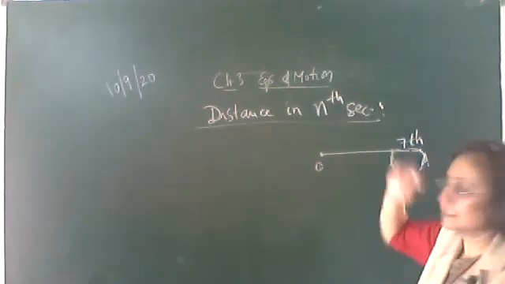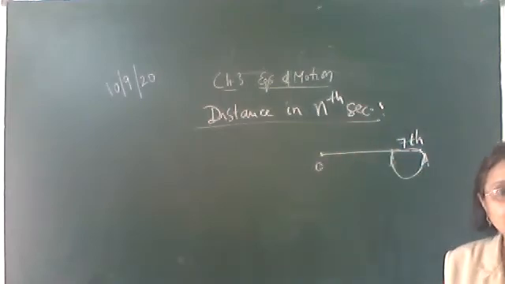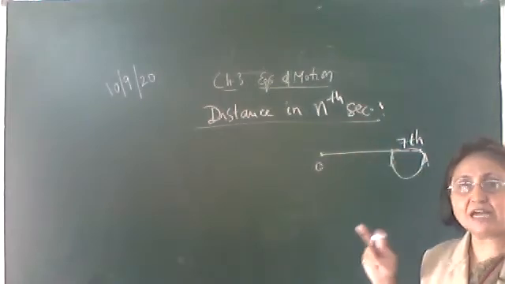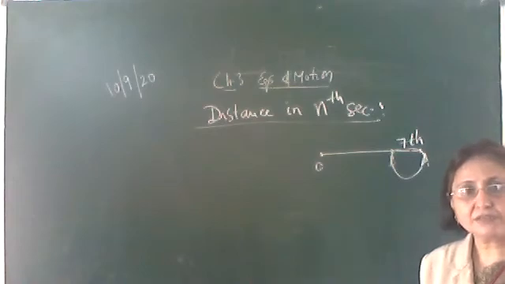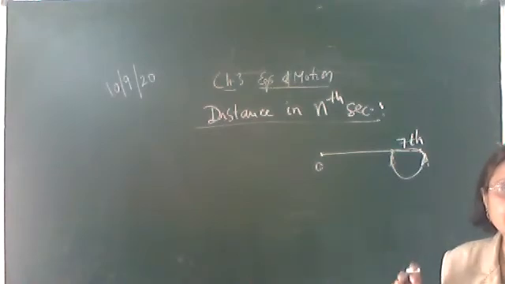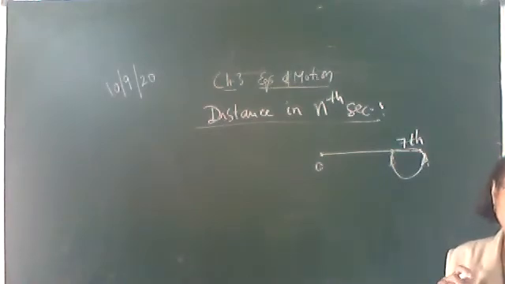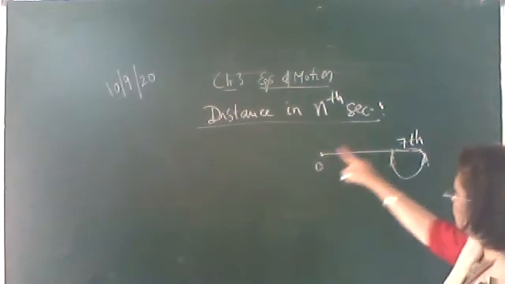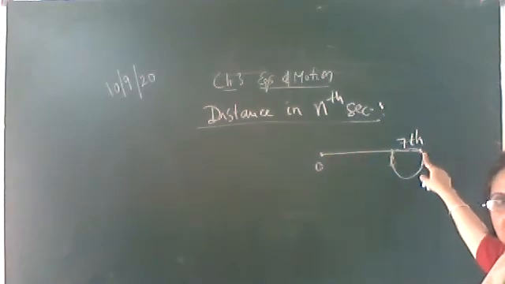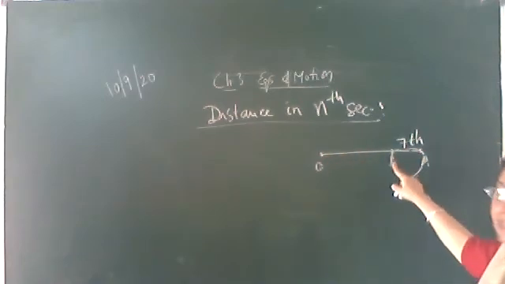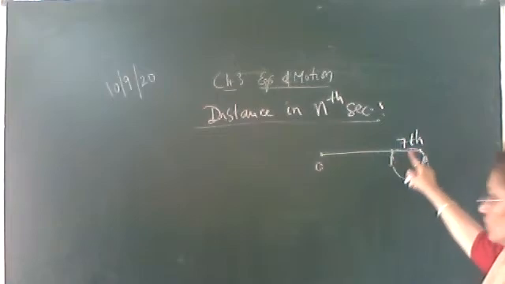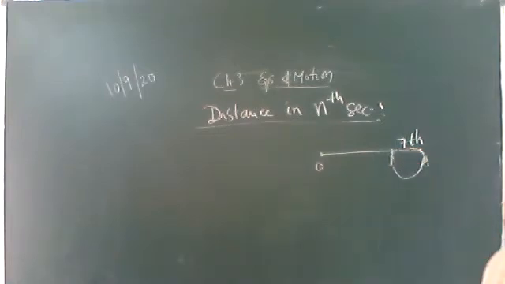In the same way, the distance traveled in the nth second will be the distance traveled in n seconds minus the distance traveled in n minus 1 seconds. In n seconds, it has traveled this much distance. In n minus 1, it has traveled OB distance. So the distance in the nth second will be BA.